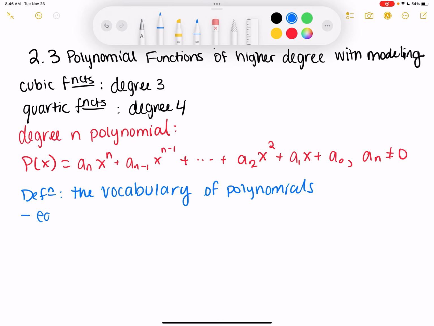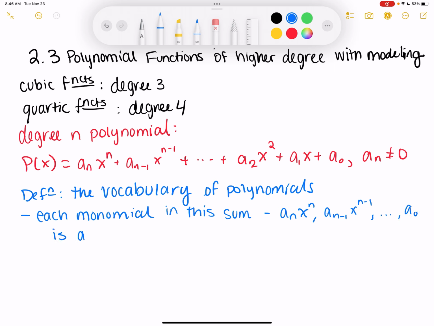All right, definition: the vocabulary of polynomials. Each monomial in this sum, talking about the one above, a sub n, x to the n, a sub n minus 1, x to the n minus 1, dot dot dot, a sub 0, is a term of the polynomial.